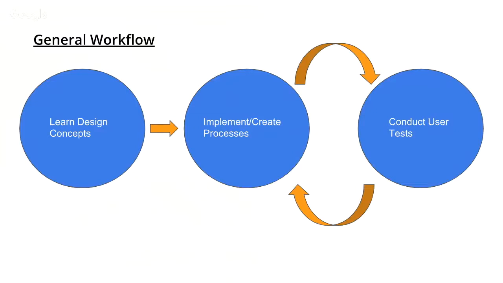The general workflow of creating a good application is something like this. First, as computer science students or even computing students, you have to know some bare minimum design concepts. Should your user ask you, why do you think of this, or when your teammates ask you, why do you think this solution is good, you can at least back it up with design concepts so that you can agree on some things.